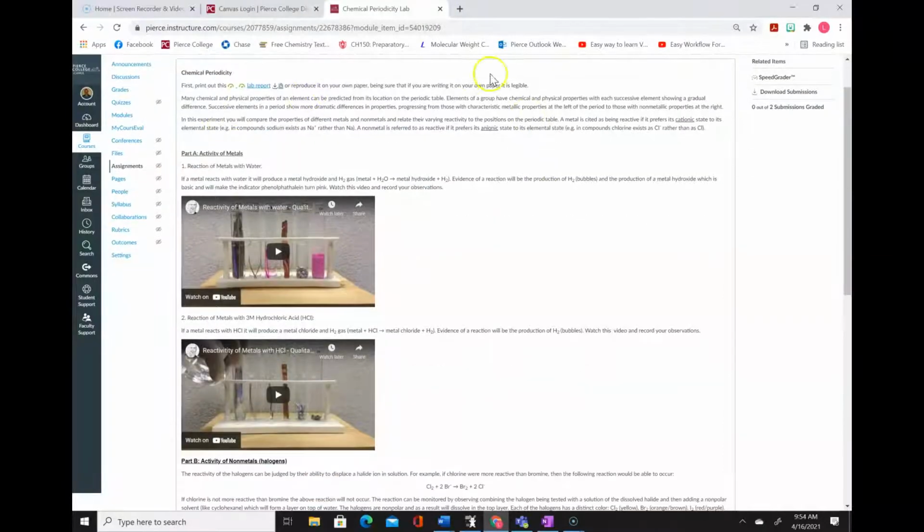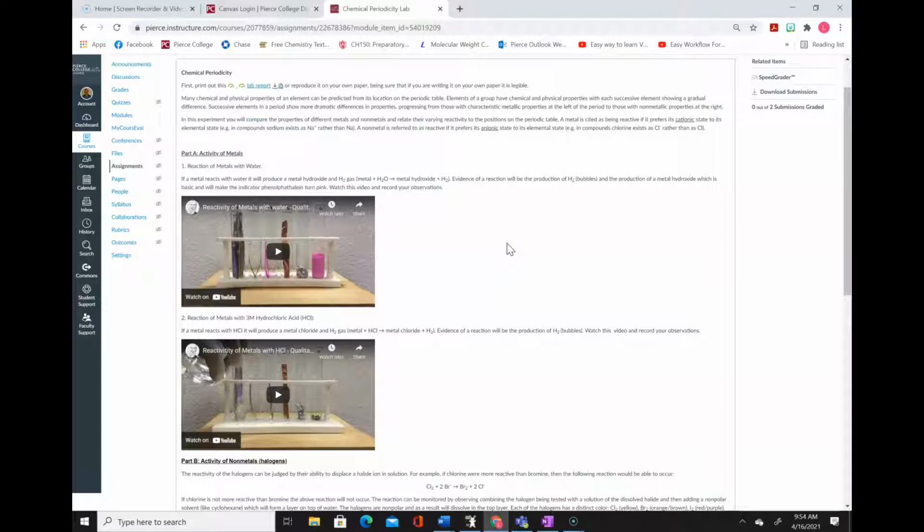And then there's a little bit of a blurb here, but it's really about recognizing that chemical and physical properties of an element can often be located from the position of that element on the periodic table, because the periodic table was constructed such that elements that are most alike are nearest one another. In particular, elements that are in the same group tend to be quite similar to one another.